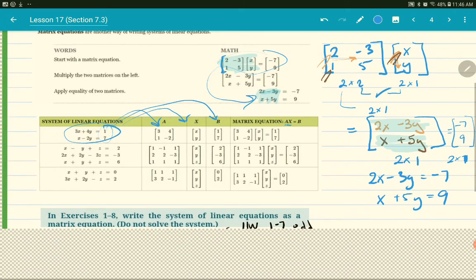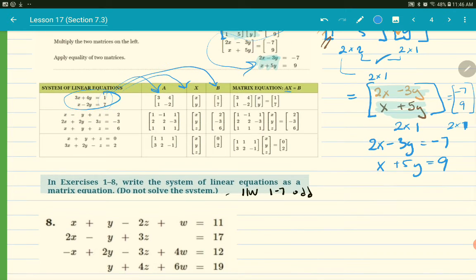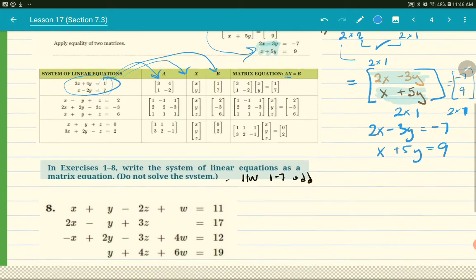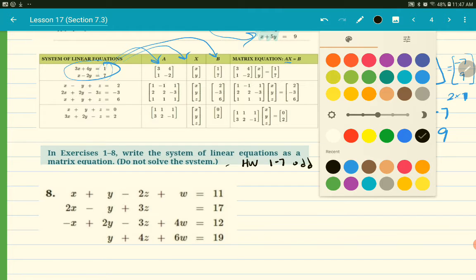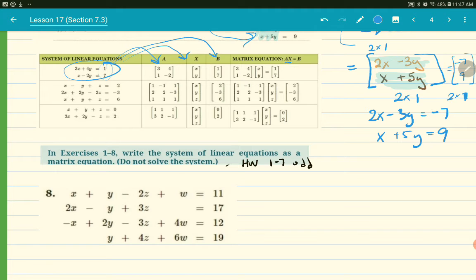All right, let's look at our homework exercises where we have to write a system of linear equations as a matrix equation. We're not going to solve, I just want to practice writing them. From this section, you're doing 1 through 7 odd. We're going to do 8 as an example. I have 4 variables here, so I know that I'm going to have a coefficient matrix that's 4 elements wide, and 4 rows.